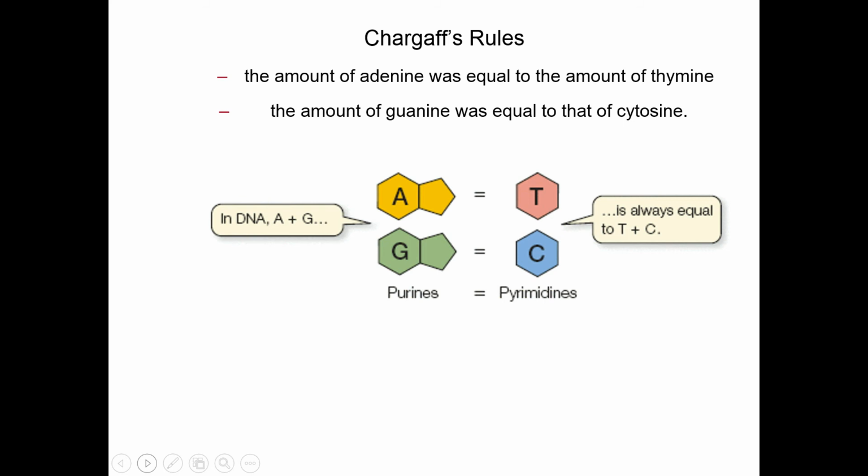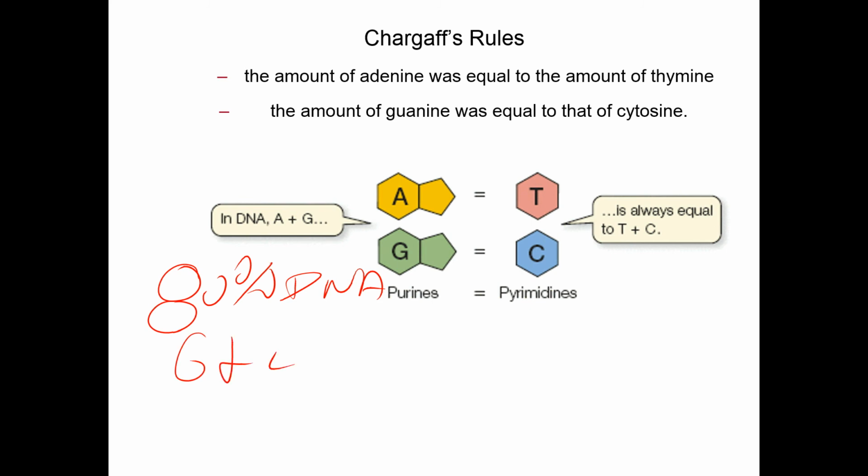Let's think about this. Using this rule, let's say that 80% of a molecule of DNA is composed of guanine and cytosine.